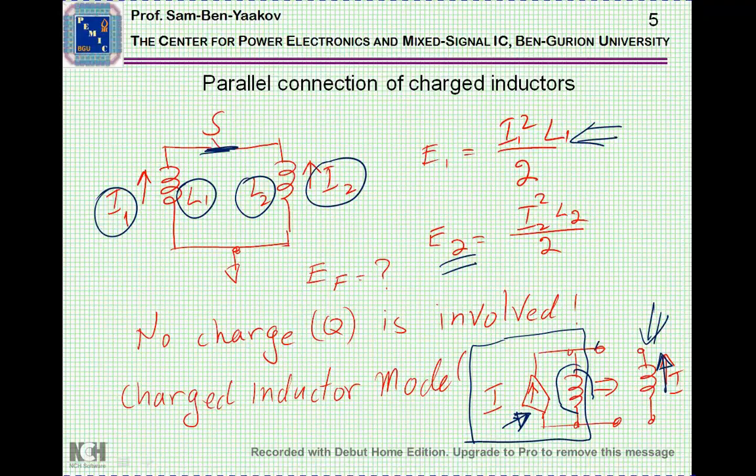From the terminal points of view, if you look at the terminals here and here, the two elements behave exactly the same. So this is a model which simplifies calculation, as we will see.